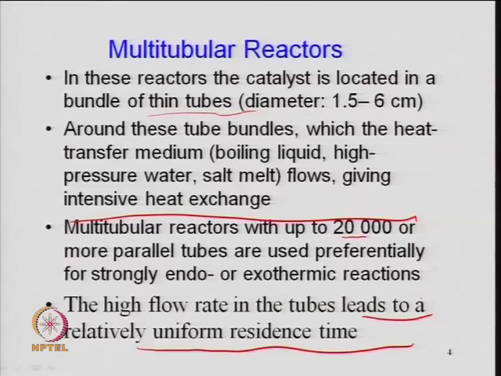The similar advantage holds for heat transfer, and simultaneously for mass transfer and hydrodynamic conditions you will also have a uniform residence time. So, the mean residence time, or what we talk about in terms of plug flow conditions, can be achieved. Your radial dispersion will be minimized, axial dispersion will be minimized, and it will be mainly dominated by convective flow, because the velocity is high in this case.